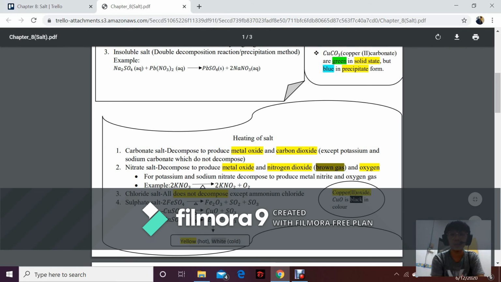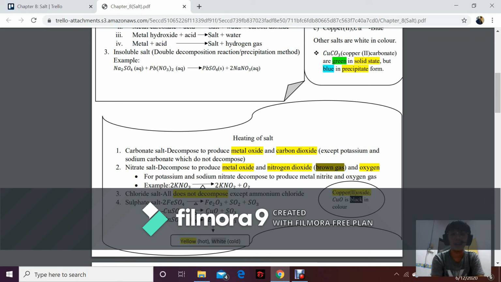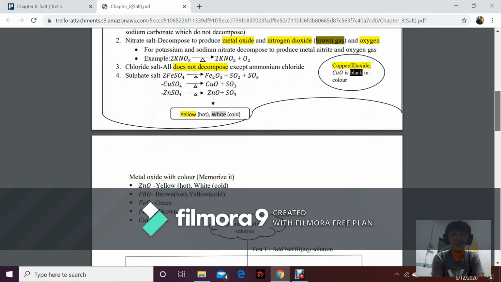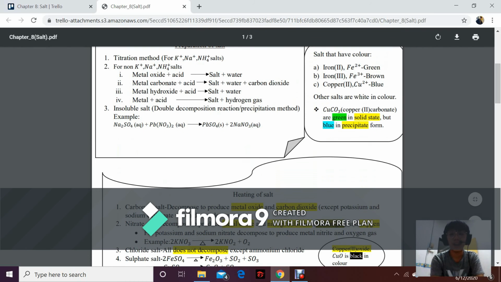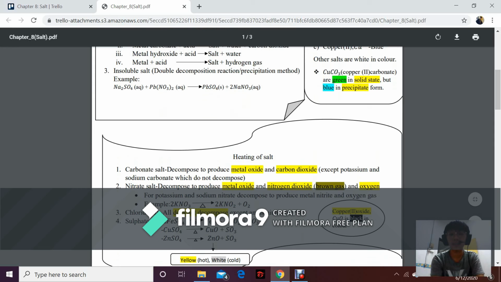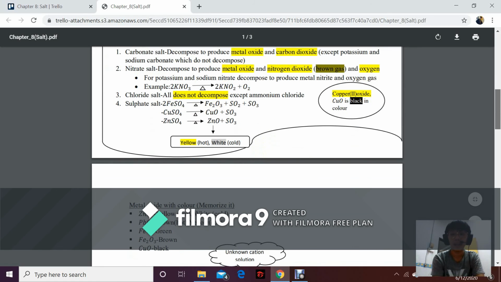So only these two will produce a different color, but all other Cu will produce blue. This is the summary for copper 2 ion, Cu2 plus. Copper 2 carbonate CO3 in solid state is green, precipitate is blue. Copper oxide is black.